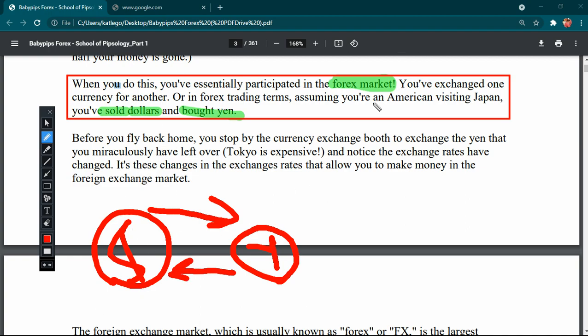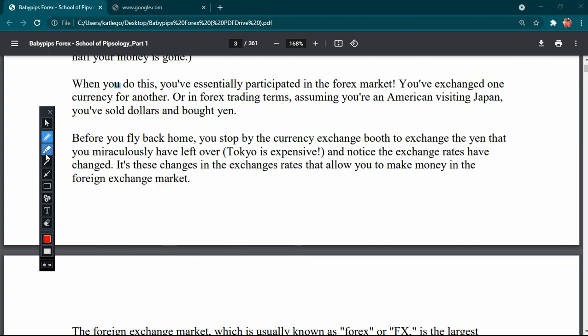Hence they say, if you are an American visiting Japan, you've sold dollars and bought yen. So the yen that was there is now in your hands. The dollar you had is now in their hands. So in a way, you've exchanged, because money is not a product. They're using buy and sell so you get familiar with the terms, because they use them a lot in forex trading. You learn about that as time goes by.